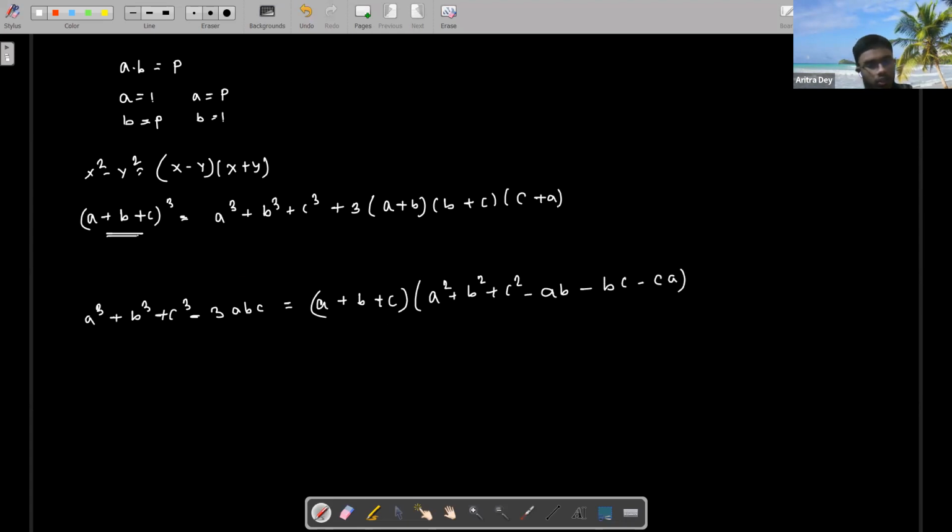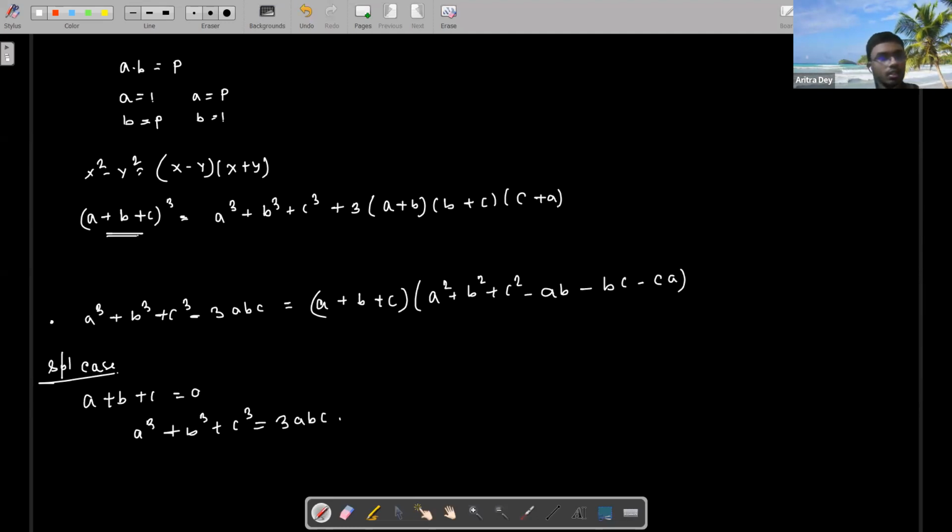This is an important thing. And the special case: when a plus b plus c equal to 0, then a cube plus b cube plus c cube equal to 3abc. These are the main things.